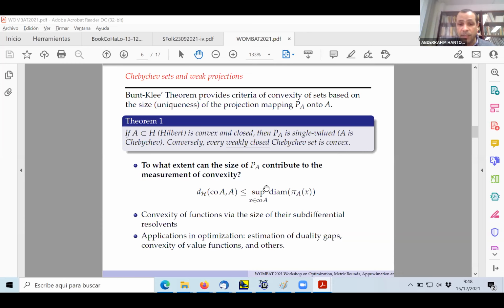And also we are working on some applications to have some duality gap for non-convex optimization, and also for problems of calculus of variations.